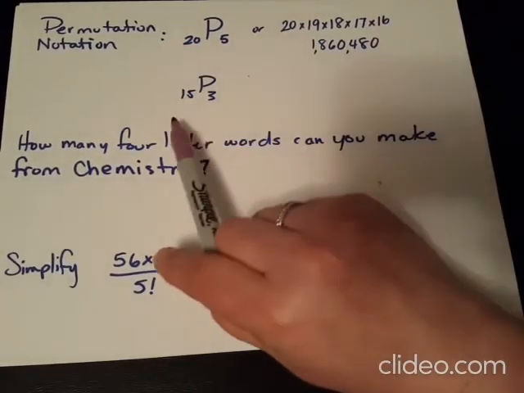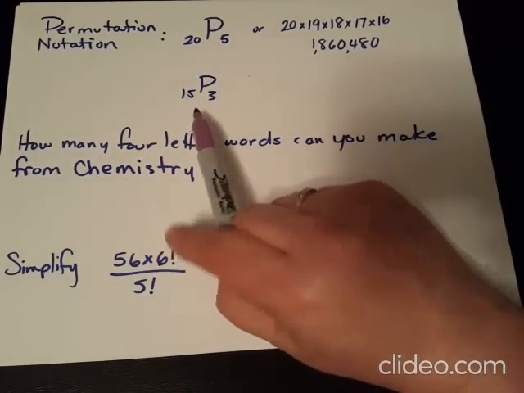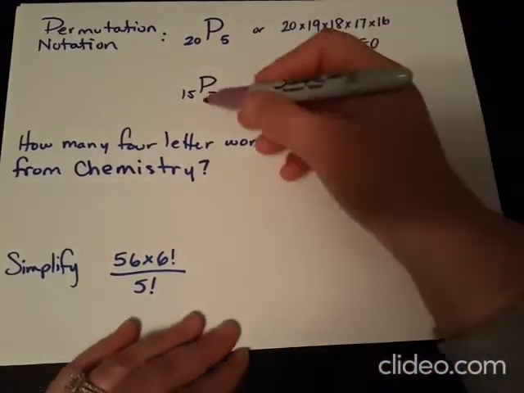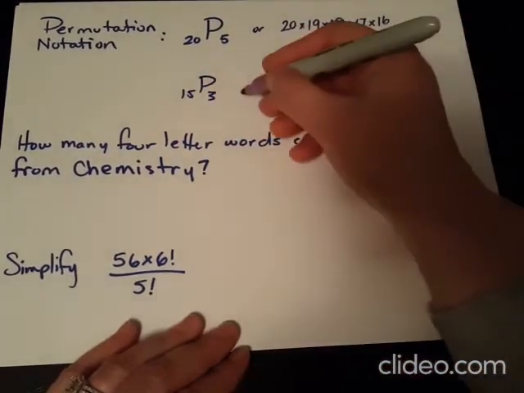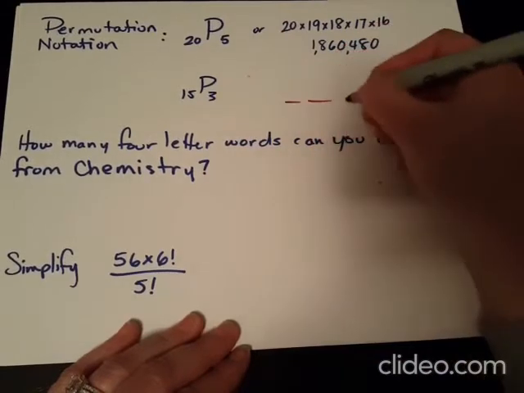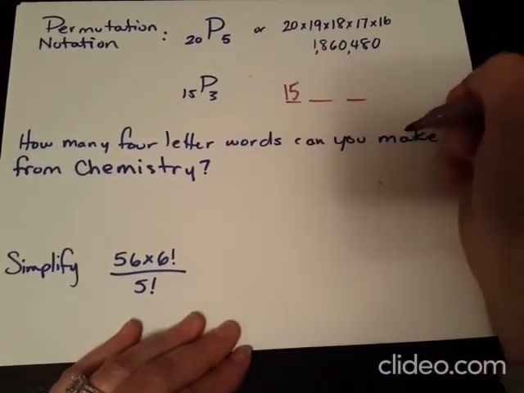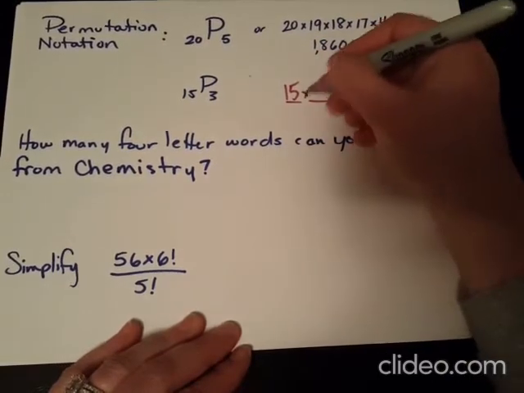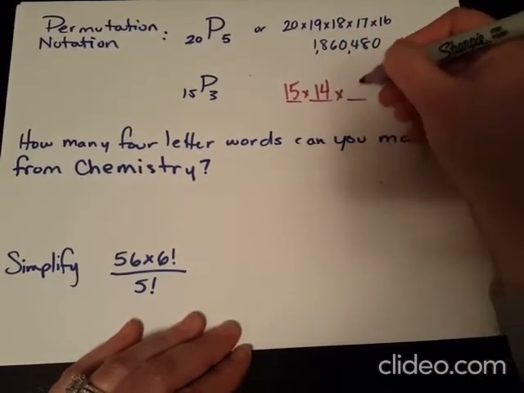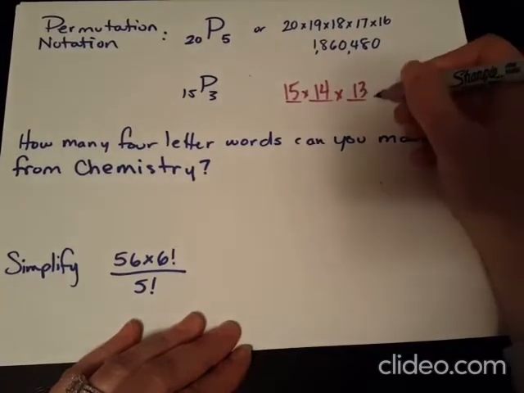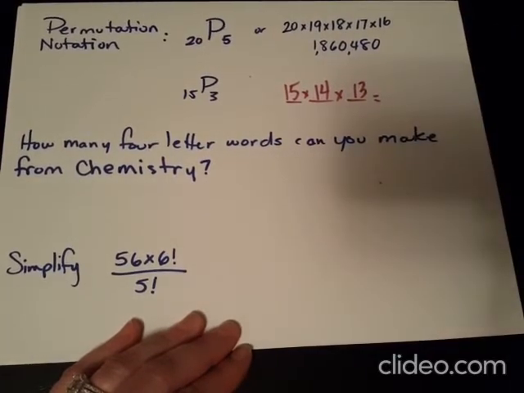So for example, you could write this one out: we've got 3 spots, 1, 2, 3, and there's 15 items to fill. And once an item gets used, we're going to have 1 less.